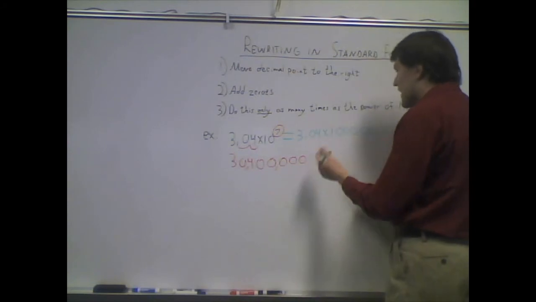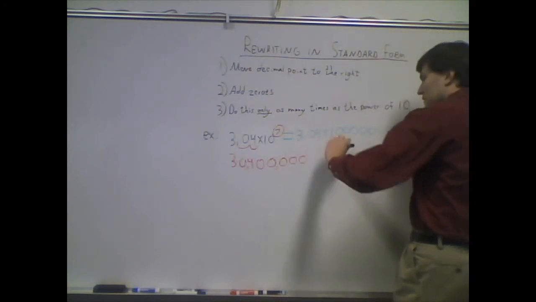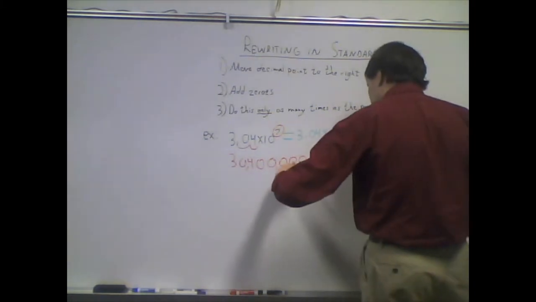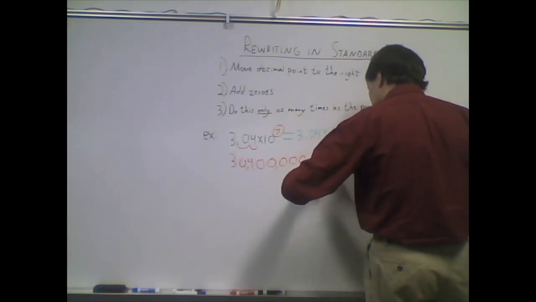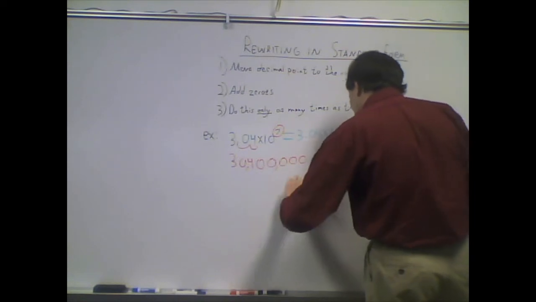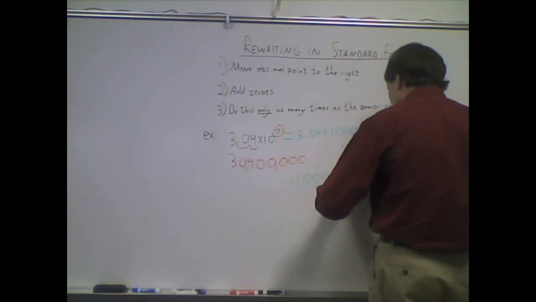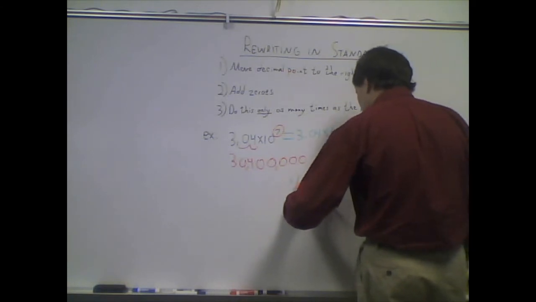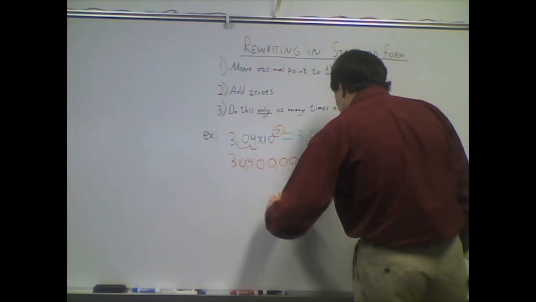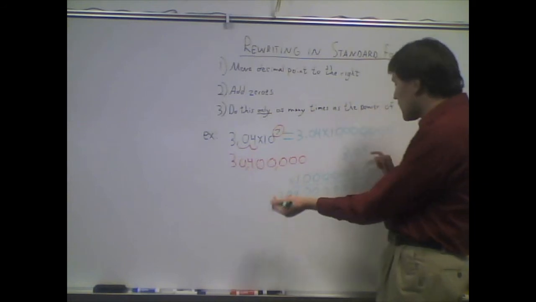If we multiply that out, I'll set up the long multiplication here. We have to put in 7 placeholder zeros, and 1 times 3.04 is going to be 304.